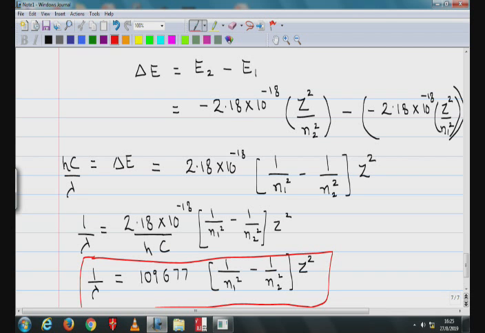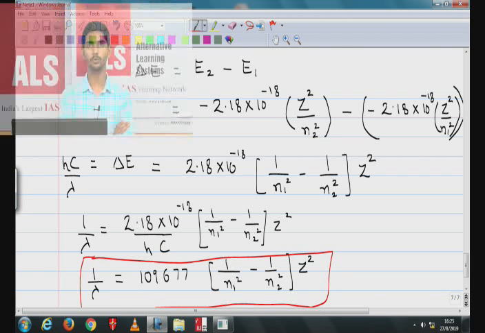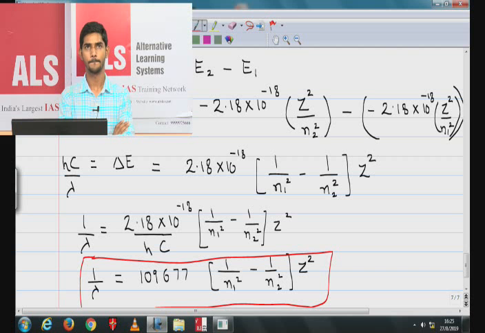Other students, guys, have you cleared the concept? Or any doubt regarding this one?